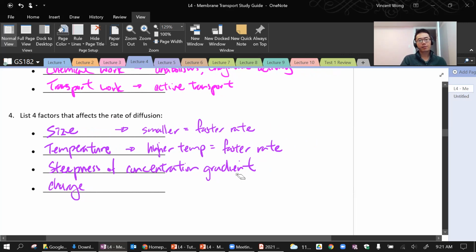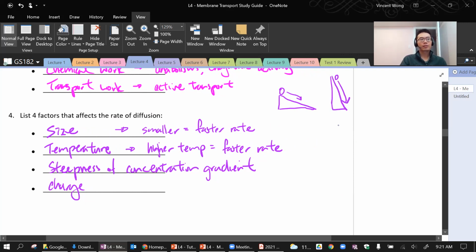And steepness of concentration, what does it mean? It means between the 2 points, is the difference big or small? You can think of it as a ball rolling down a ramp. If you put a ball here, it goes down, but if the ramp is steeper, then the ball goes down faster.